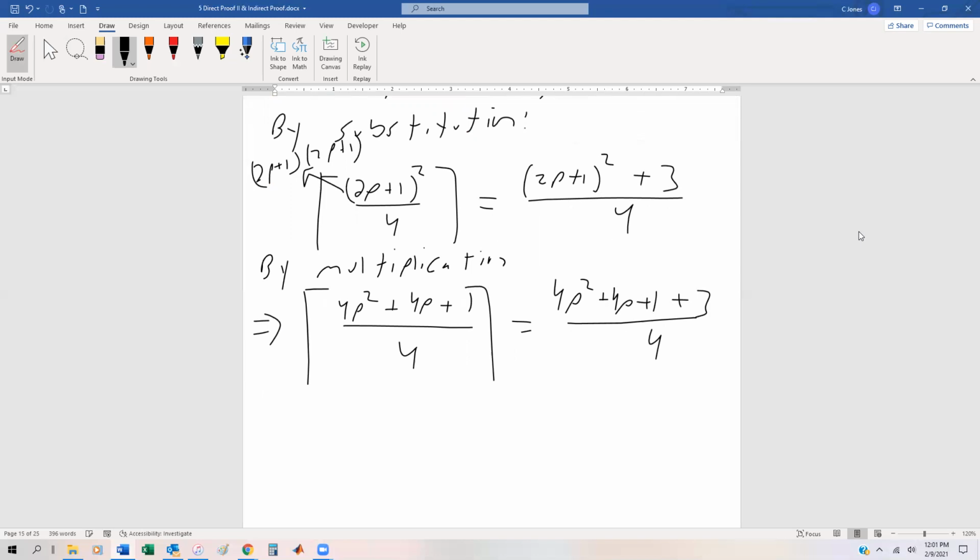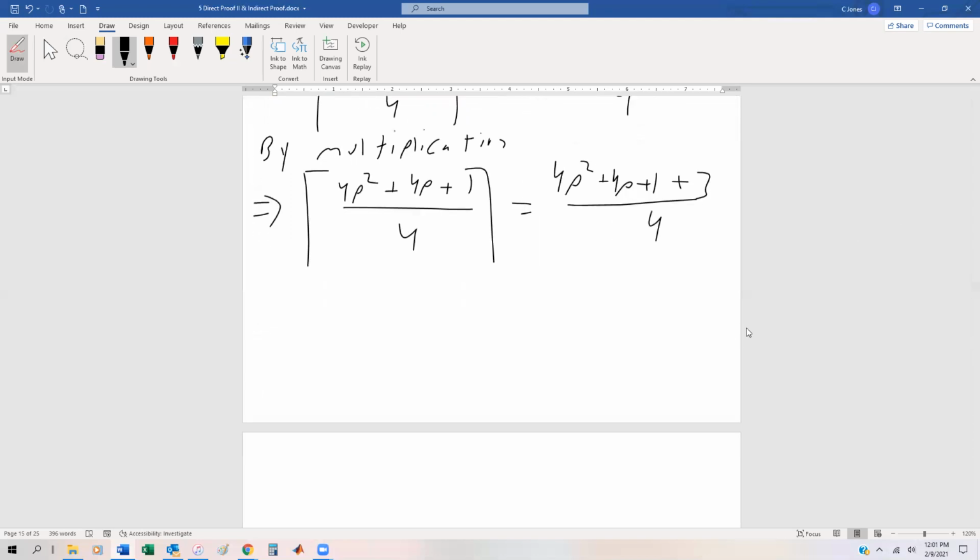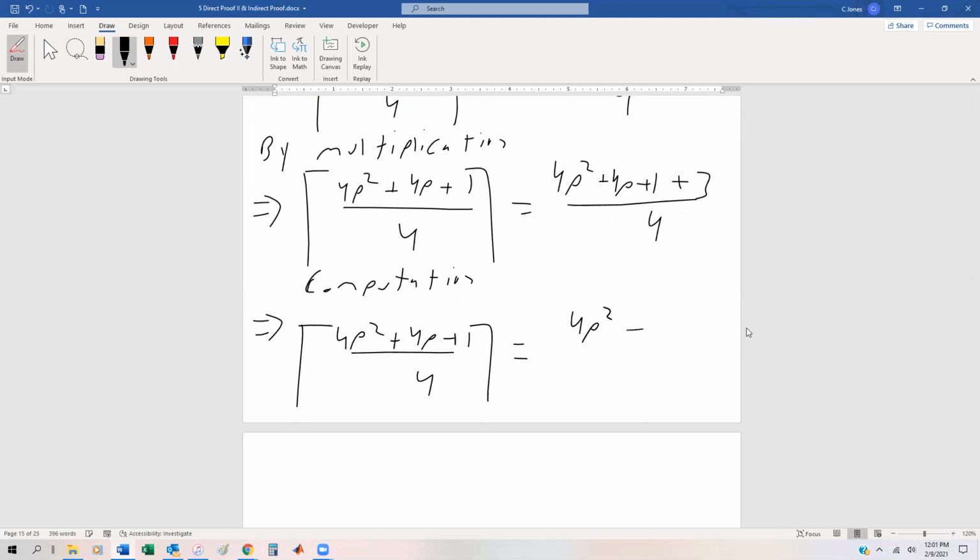Clearly we can do some computation on the right-hand side. So by computation, the left-hand side is still going to be the same, (4p squared plus 4p plus 1) over 4, and (4p squared plus 4p plus 4) over 4.